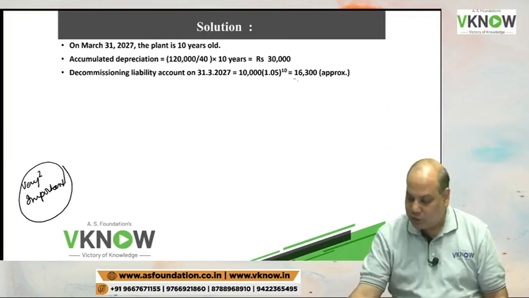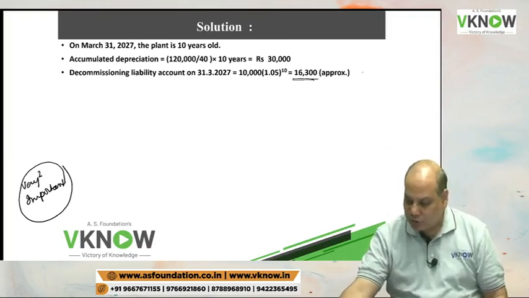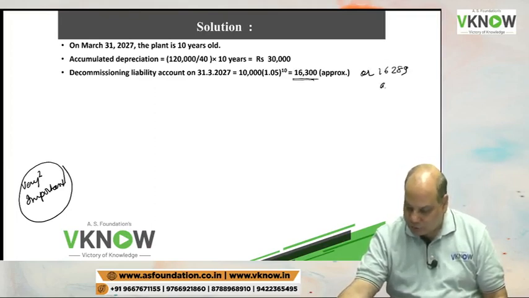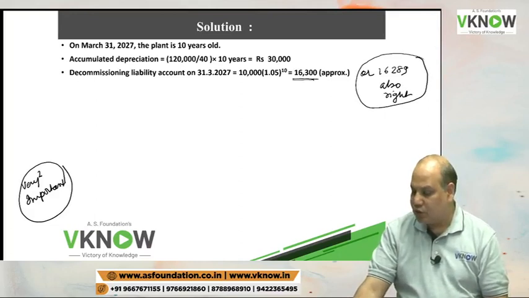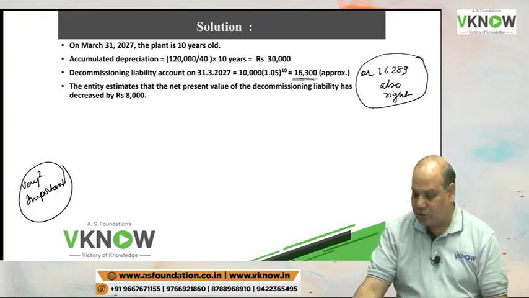I have rounded off to 16,300, or you can write 16,289. This is also right. You can go with this number also, 100% right. Or you can round off if you want to 300 rupees.